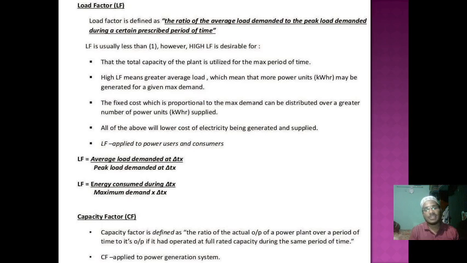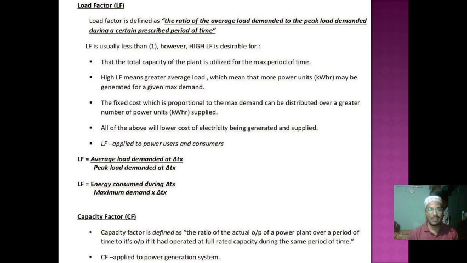How much energy the customer wants to consume is the energy consumed, divided by how much we can produce, the maximum demand as per the customer, which is called peak load demand, or maximum demand. Load factor is equal to energy consumed during delta Tx by maximum demand times delta Tx. Got it, everyone?